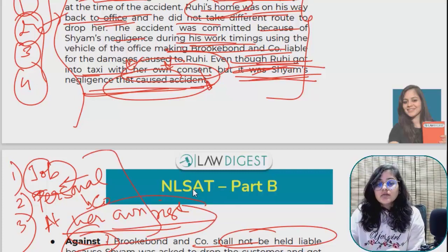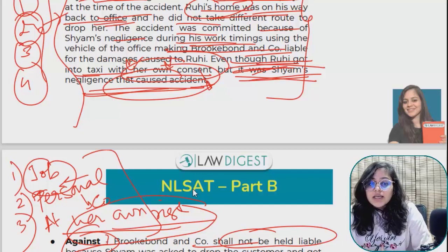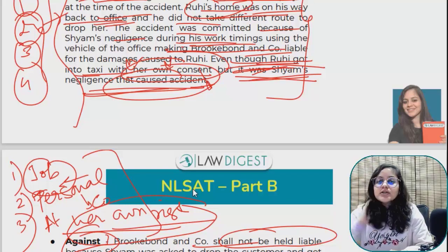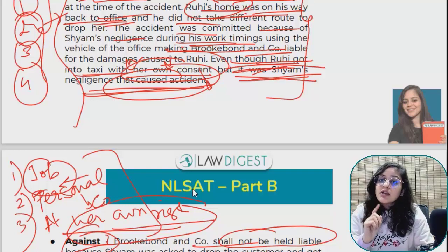So these are the sides that we've taken in the against circumstance. This is how essentially you need to look at the facts of the situation. There is no single right answer to it, so don't get bothered when you read a question. The first thing you need to keep in mind is that there is not one particular answer.